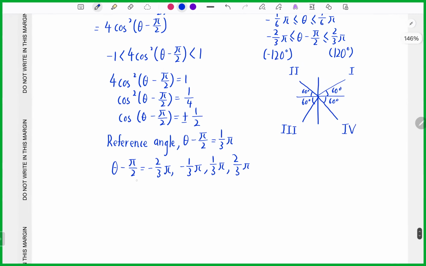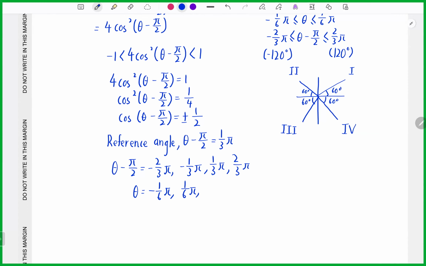Now I can find the theta first. Negative 2 over 3 pi plus 1 over 2 pi gives negative 1 over 6 pi. Negative 1 over 3 pi plus 1 over 2 pi, you will get positive 1 over 6 pi.